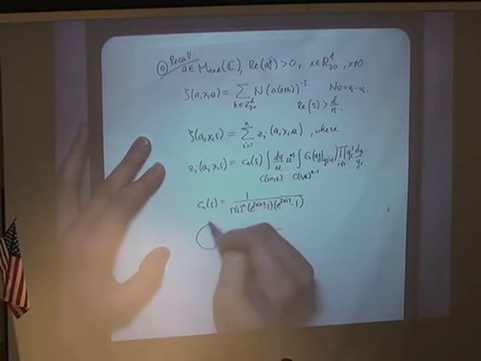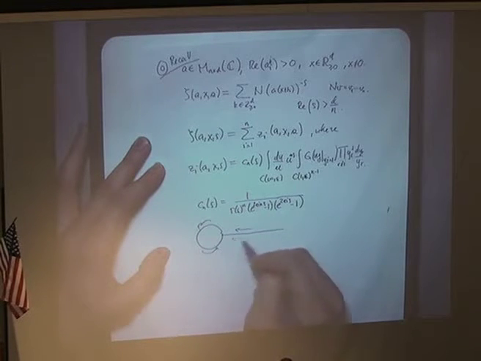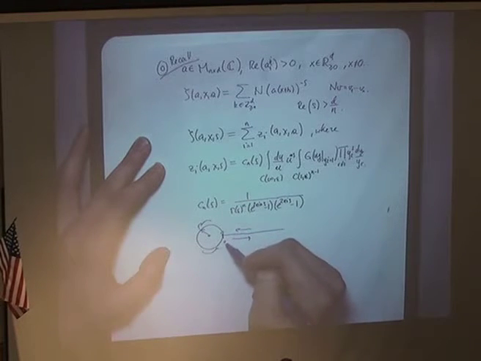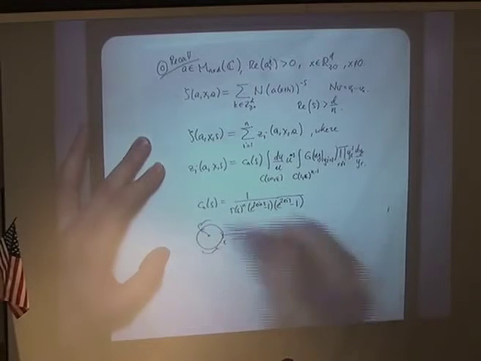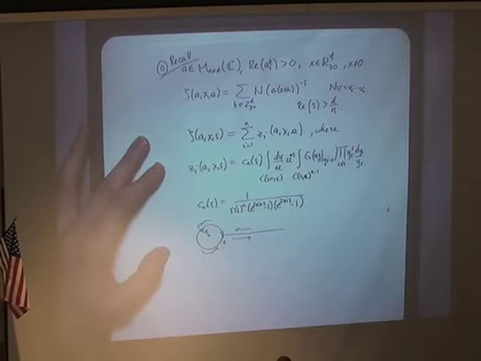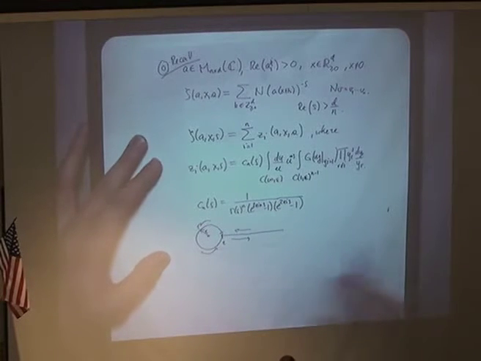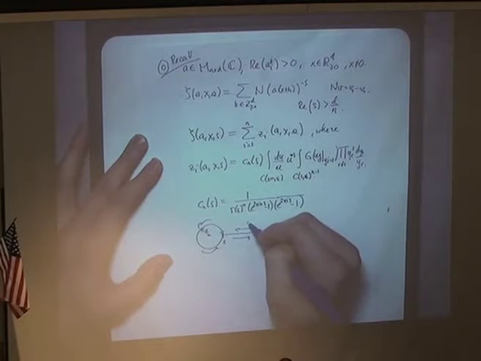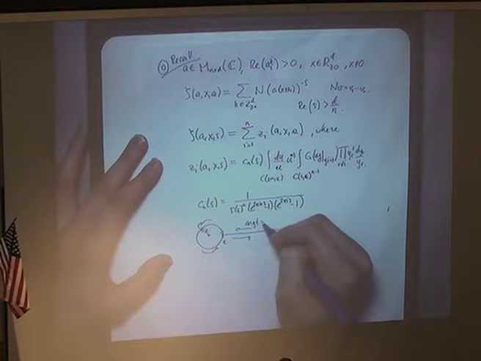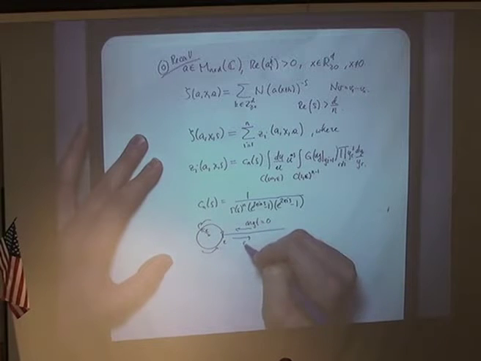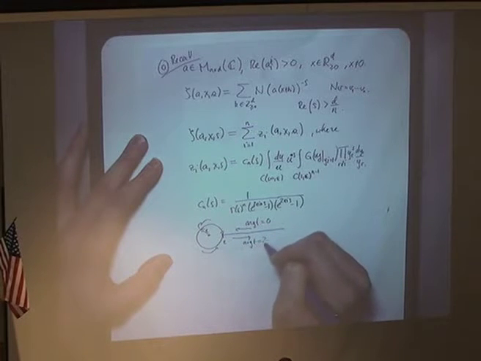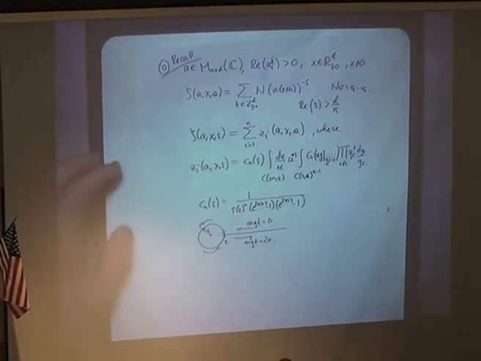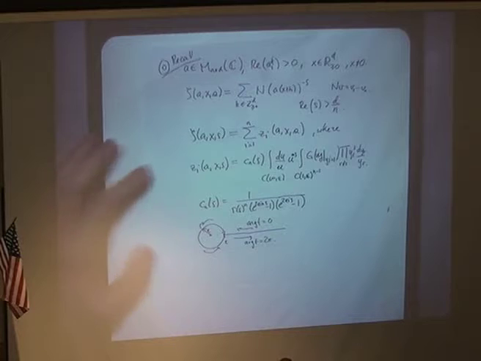So recall the Hankel contour looked something like this, where we approach the point epsilon along the real axis, revolve around the circle of radius epsilon, and then go back out. And along the inbound branch, we define the argument to be 0, and along the outbound branch, we define the argument to be 2 pi, just to make sure that everything was continuous as we travel along the contour.